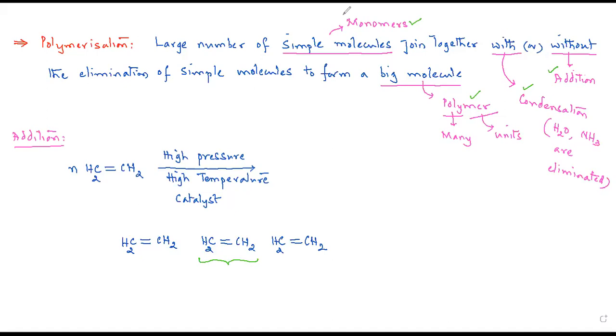During polymerization, what happens is a bond comes here. As and when the bond comes here, even this also comes here. This one goes here. So this is how a polymer is formed, wherein a large number of simple molecules join together.